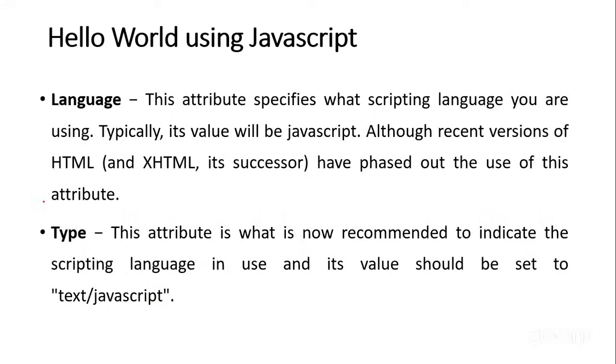As I covered already, the attributes language and type are optional. In the latest versions of HTML and JavaScript, no one is using these two. Suppose if you want to use them, you can. You won't get any error. That will also be executed without any errors. But these are phased out, outdated.